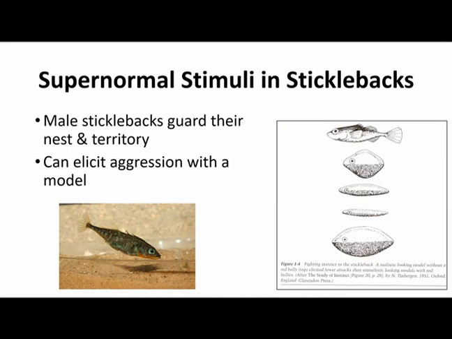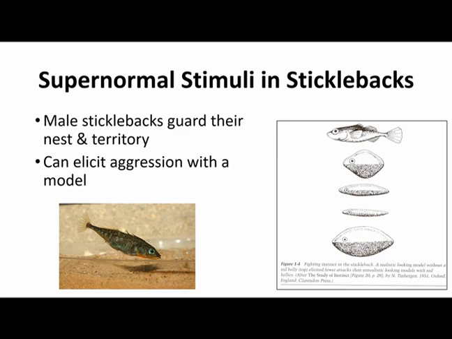So if we want to try and understand why this might happen in terms of that adaptive significance and how this might have evolved to be, it might just be that it's better to attack anything red. So the fish would be better off wasting the energy to attack something that's red on the off chance that it's a competing male versus the penalty that they would suffer from not attacking. Because if a male comes into your territory and you don't attack and chase him off, you can lose fitness to that male.